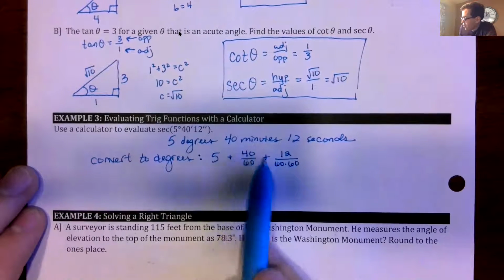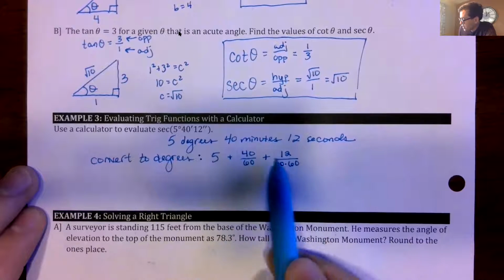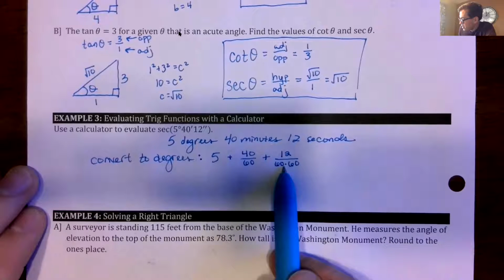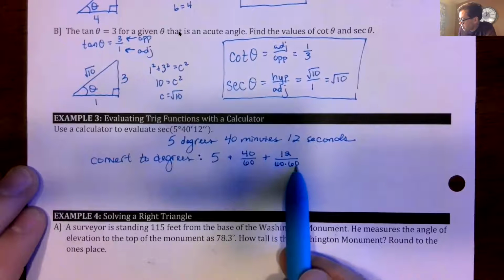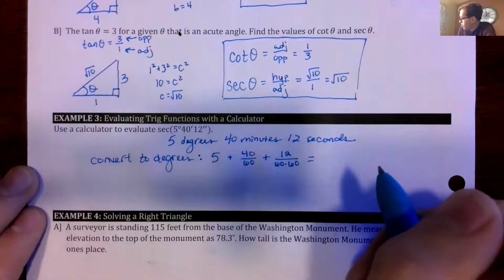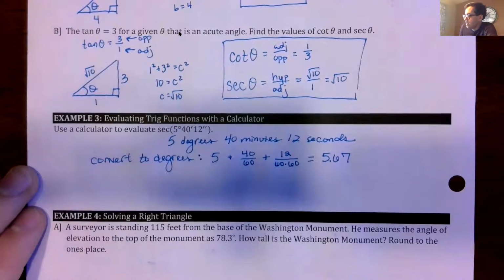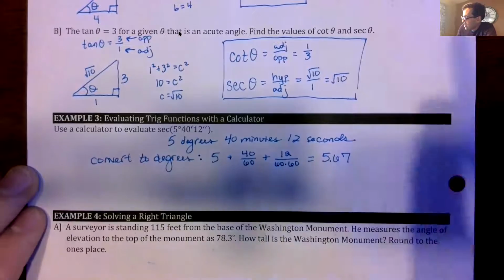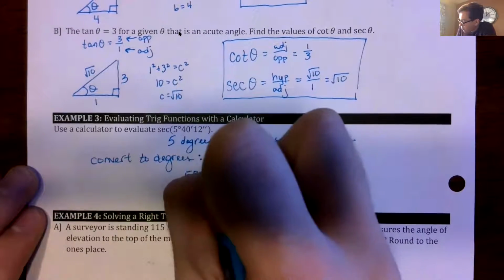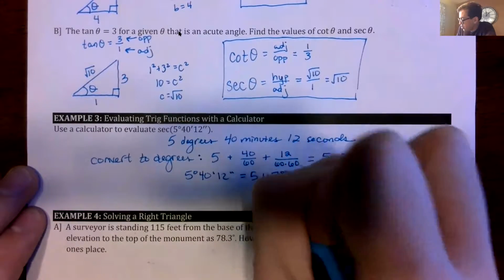So this is translating the minutes into degrees, and this is translating the seconds into degrees by doing 60 seconds per minute and 60 minutes per degree. So if we combine all of this, we'll get 5.67, and that is the same value as this. So we could write it as 5 degrees, 40 minutes, 12 seconds equals 5.67 degrees.